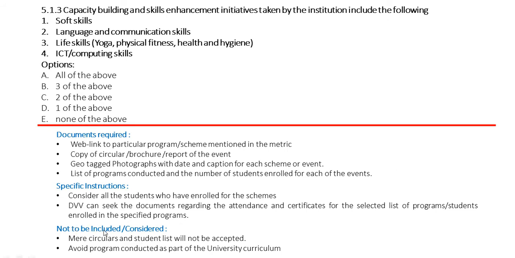What should not be included or will not be considered by DVV in this metric is mere circulars and student list will not be accepted, and you have to avoid programs conducted as part of the university curriculum.